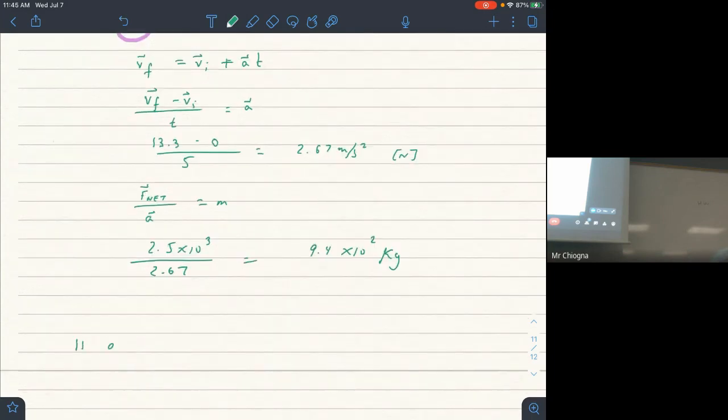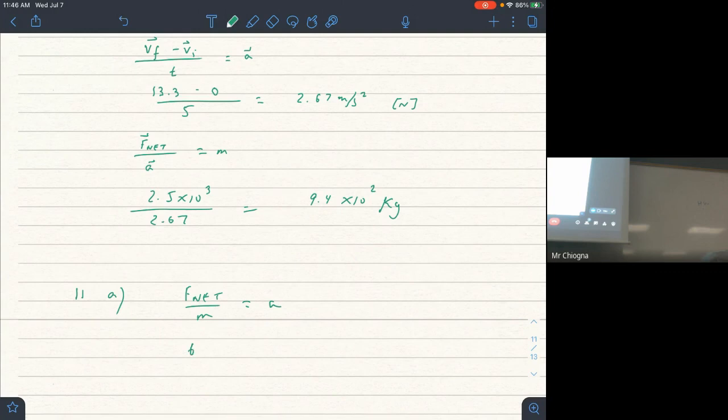11A. Read that. Same direction as the force, east.